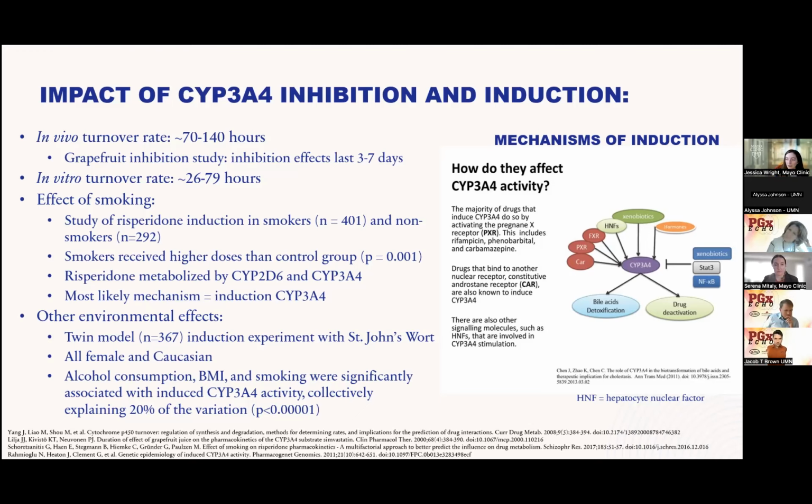For grapefruit, it's probably not as well known exactly how that inhibition occurs, but the inhibition effects do last 3 to 7 days. The turnover rate of the CYP3A4 enzyme is a little bit different in vivo versus in vitro, but roughly speaking, it's probably around that 3 to 7 day mark.